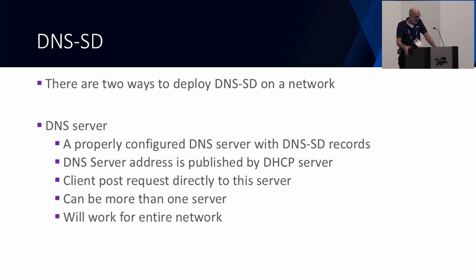The client would post a request directly to the server saying, hey, I'm looking for this service. There can be more than one server that would answer, that would be listed. And this will work on your entire network because you got the DNS server address directly, and it can cover your whole network.